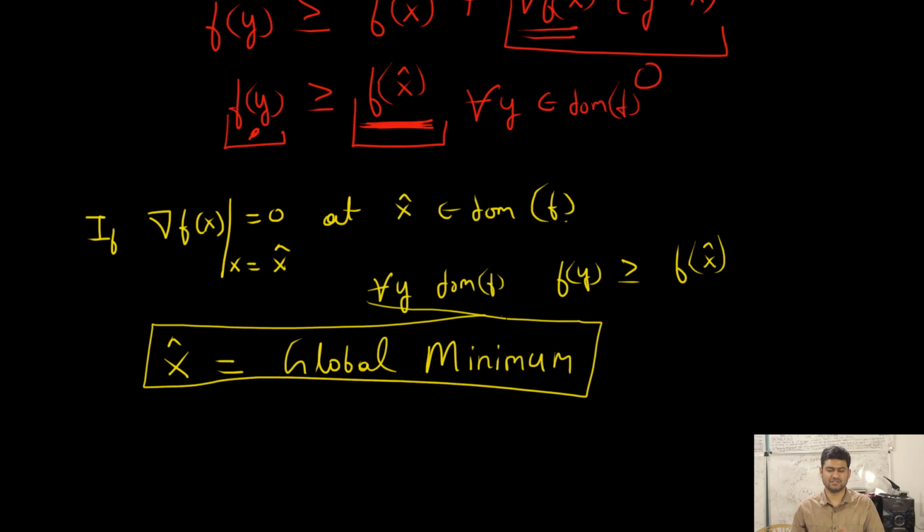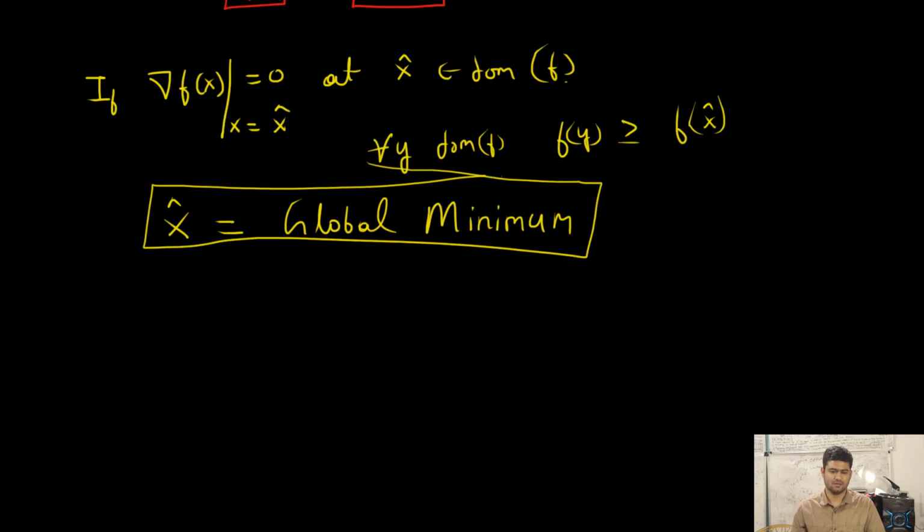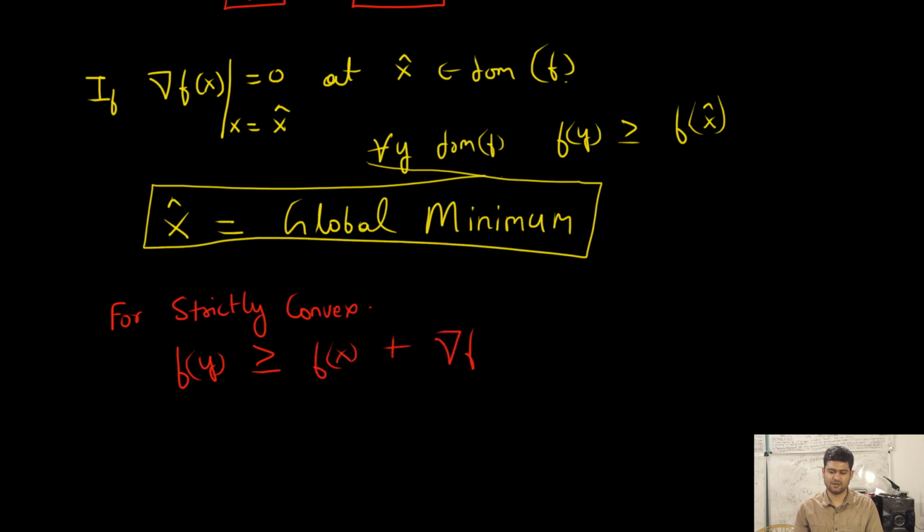And in case of a strictly convex function, the first order condition is that we have f of y greater than f of x plus the gradient of the function f at x transpose times y minus x.